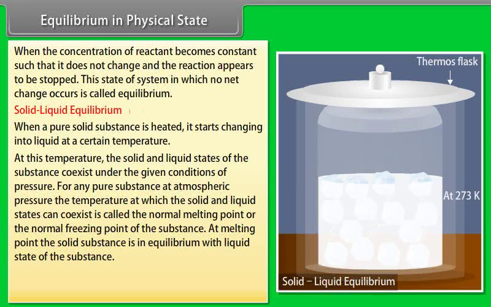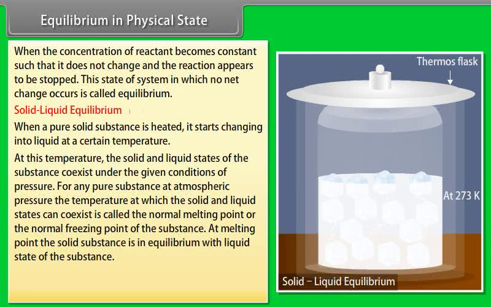At melting point, the solid substance is in equilibrium with liquid state of the substance. Let us consider ice and water at 273 Kelvin, melting point of ice, taken in a perfectly insulated thermos flask. An interesting feature of this system is that the temperature as well as the masses of ice and water remain constant.